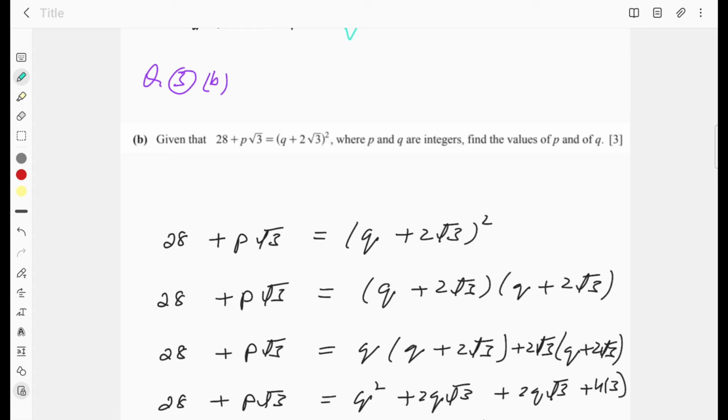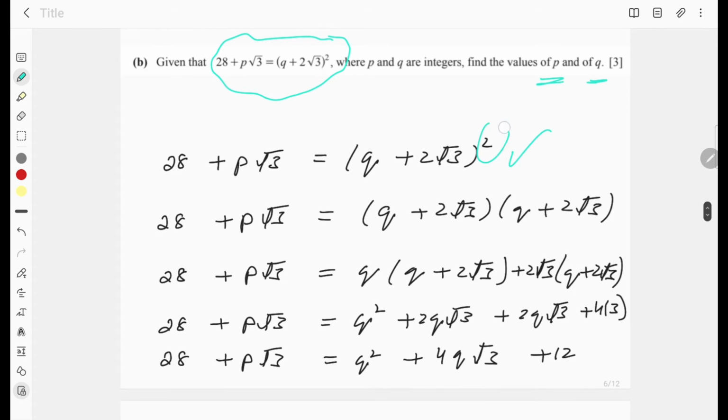In question number 3b, it is given that 28 plus p under root 3 is equals to q plus 2 under root 3 whole square. p and q are integers and you have to find the value of p and the value of q. So let me begin from here. I can simplify it further.